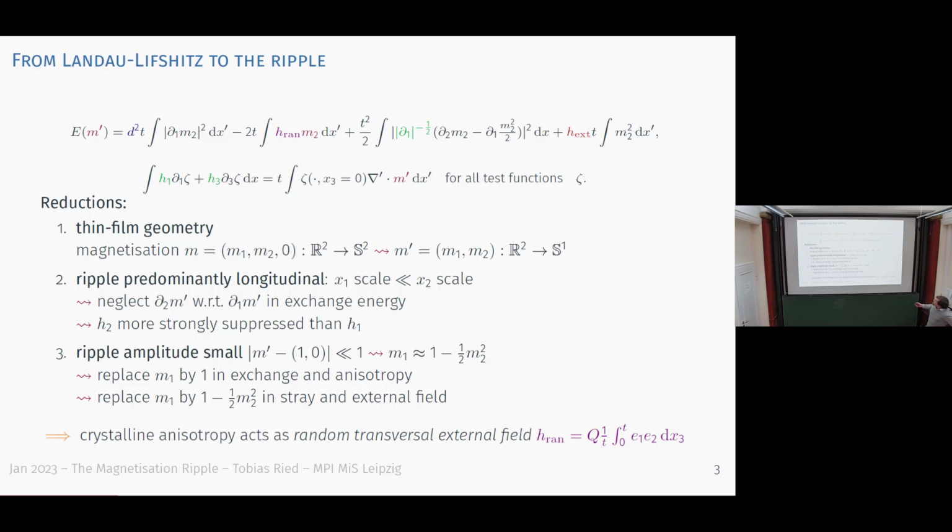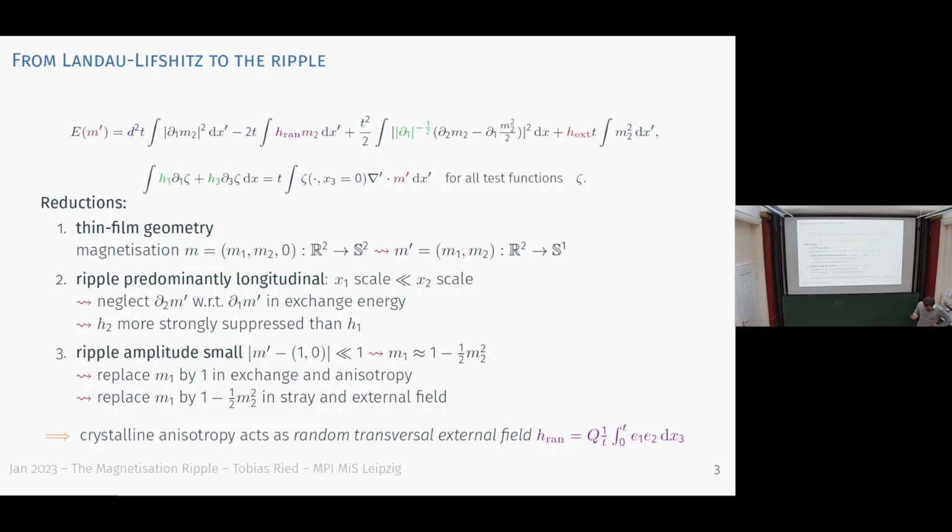Now, I will do a few more simplifications, which I will not write down explicitly. So first of all, as I said, we don't want to take into account boundary effects, so I would like to consider everything on the plane.